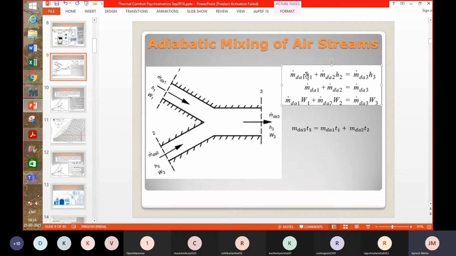And the first one is the energy balance equation, or enthalpy balance equation. You can say this is the rate at which the enthalpy is entering through stream 1, the rate at which the enthalpy is entering through stream 2, and that is equal to the rate at which the enthalpy is coming out from section 3, because there is no addition or removal of heat in the system.